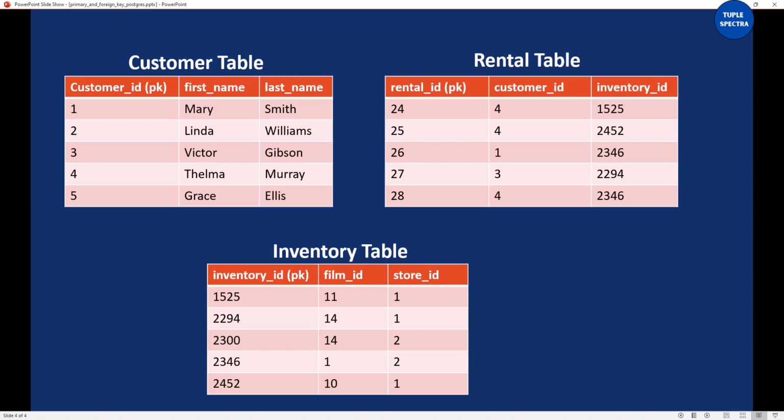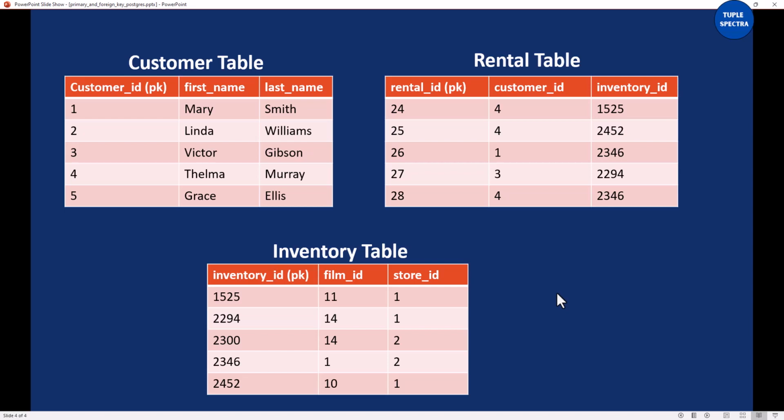So it is a case of a parent-child relationship. Customer table is parent to rental table right here. Inventory table is also a parent to the rental table right here. I hope you guys get that right now.